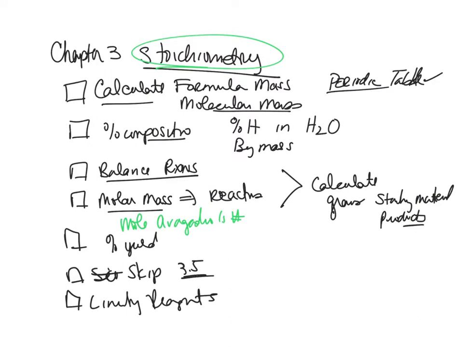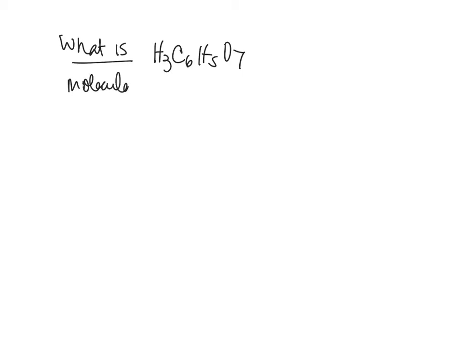All right, so the first thing you need to be able to do is calculate molecular and formula masses. So you have here, what is the molecular mass for citric acid? And it's H3C6H5O7. So it's asking for molar mass, molecular mass.